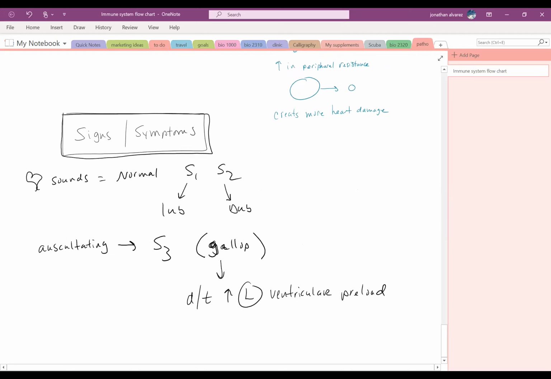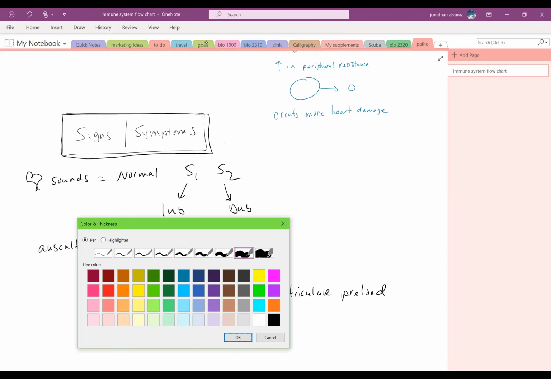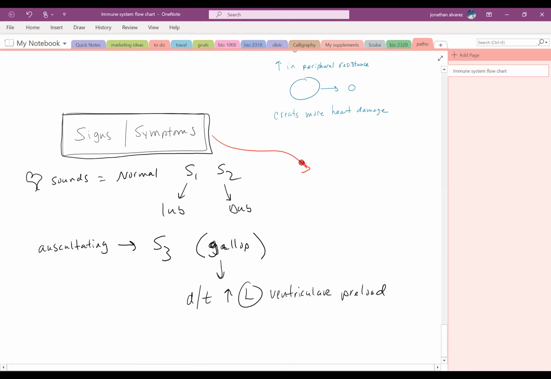So another sign and symptom: the systolic will actually decrease in its number, and the diastolic increases.